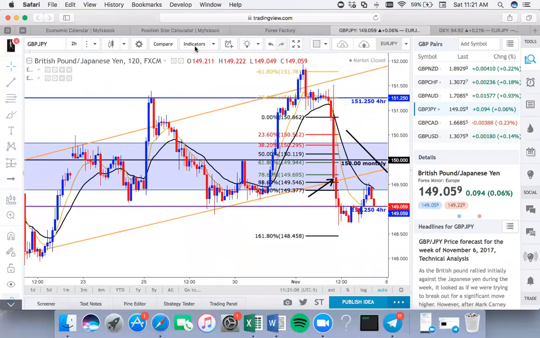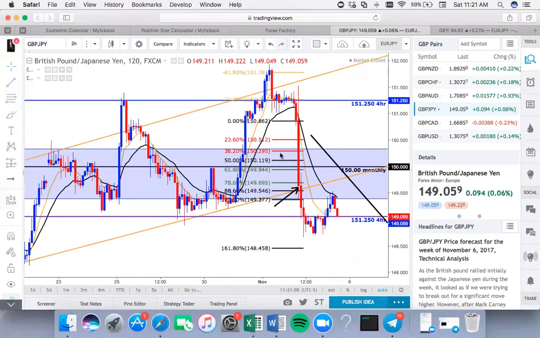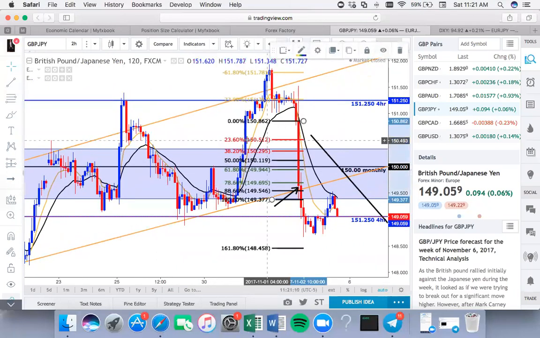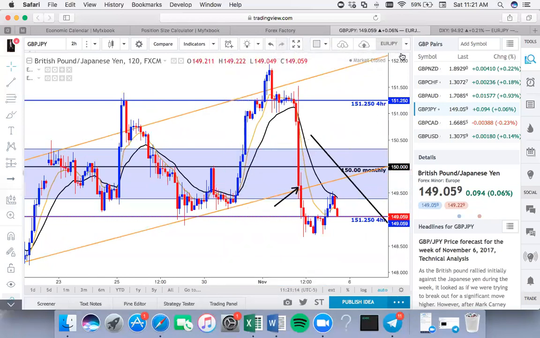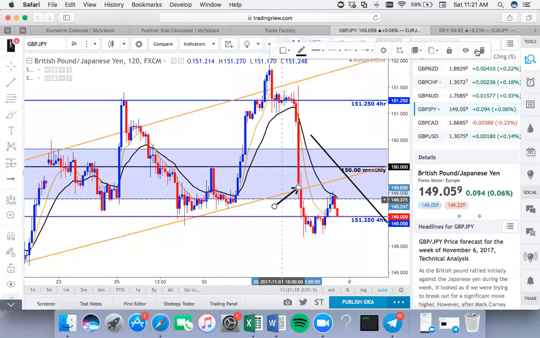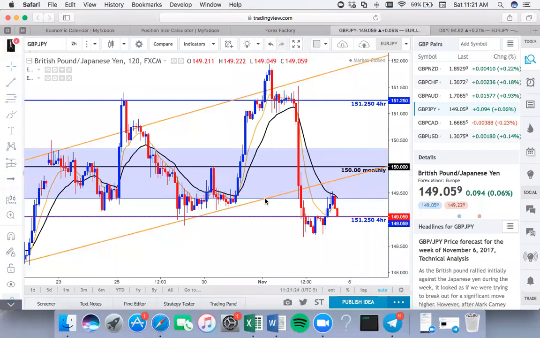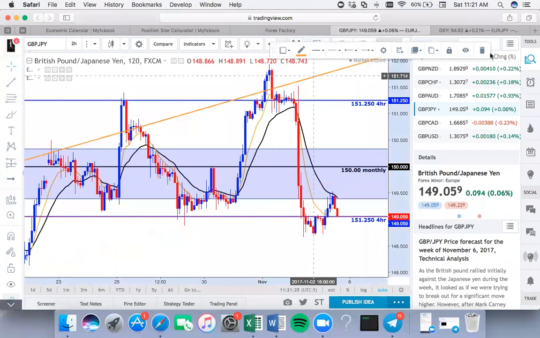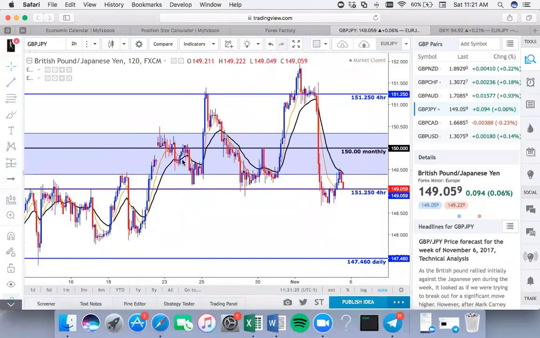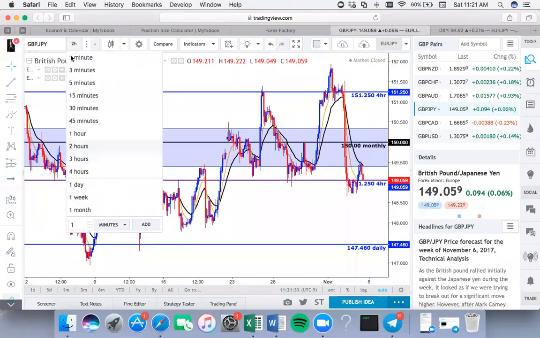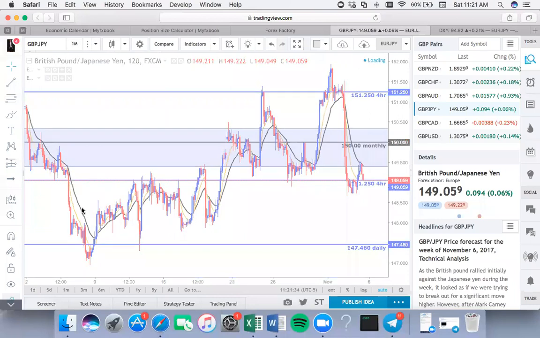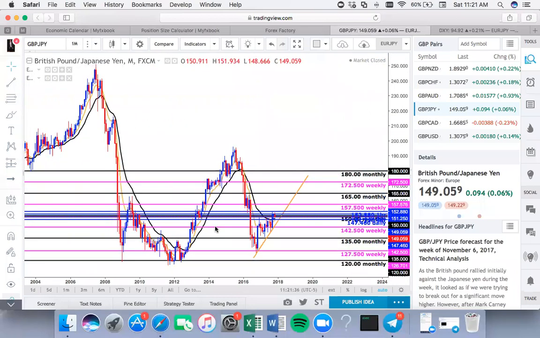Let me delete this Fibonacci right here. Delete that. Delete this little arrow. Okay, now let's go back up onto the monthly. All right, less chaos.